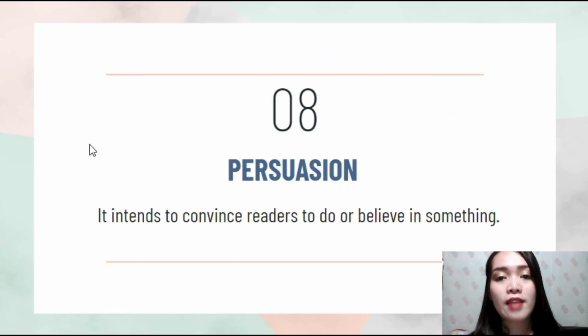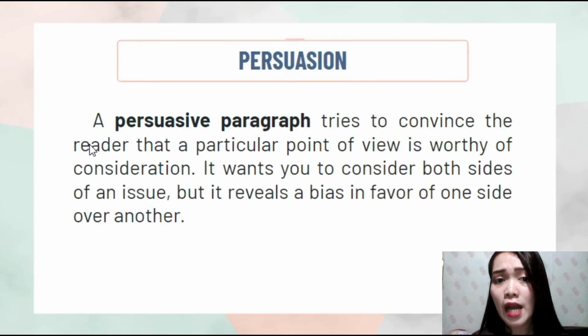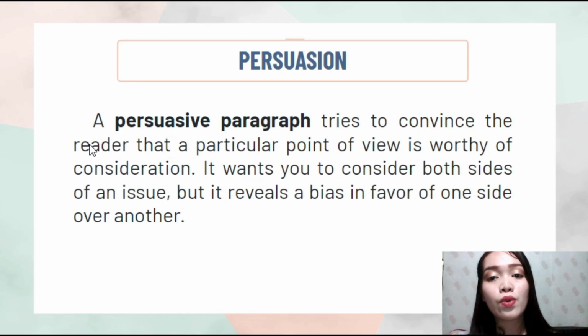Now, the last text type is persuasion. It intends to convince readers to do or believe in something. I do believe that you already have an idea about persuasion. Now, a persuasive paragraph tries to convince the reader that a particular point of view is worthy of consideration.